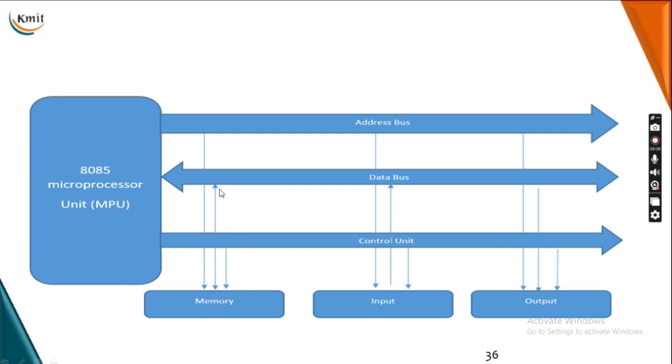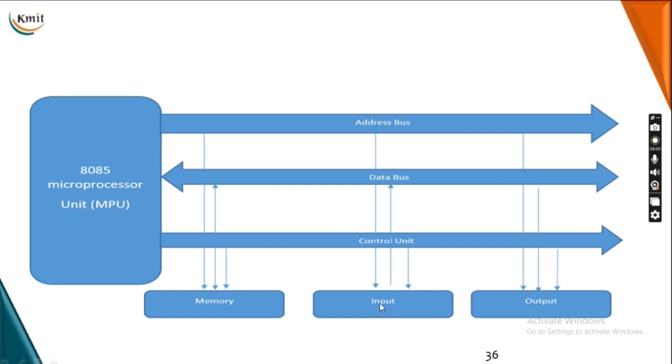Data bus can read the data from the memory or write the data into the memory. Control bus will be sending the control signals to the memory that these instructions have to be fetched from this address which the address bus has given.